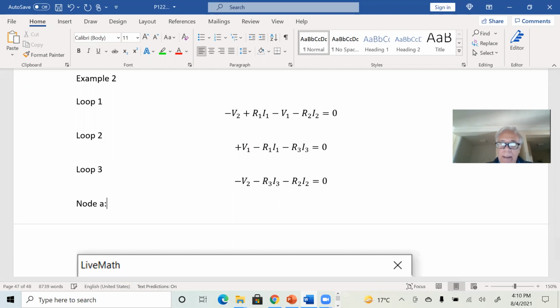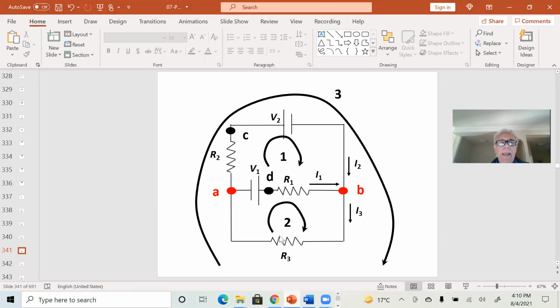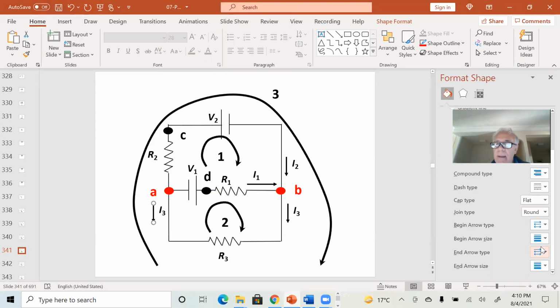Node A. Let's take a look here at node A. Let me get current I3 here on the other side as well. Current I3 on this side is moving upwards.